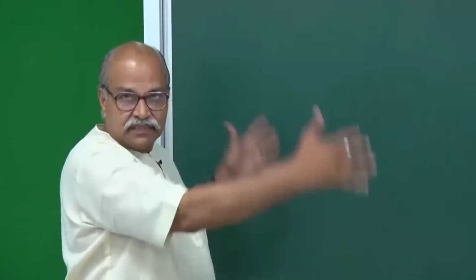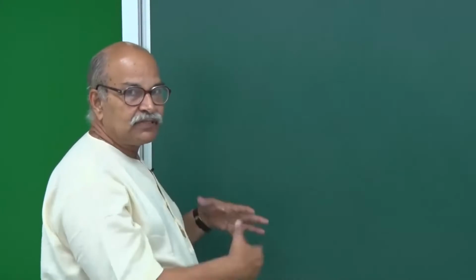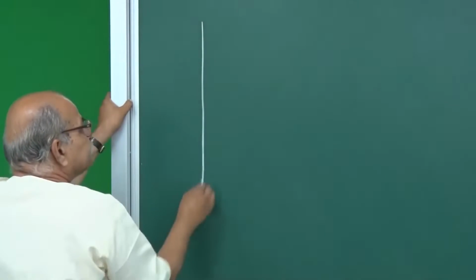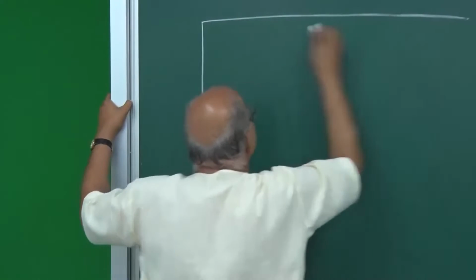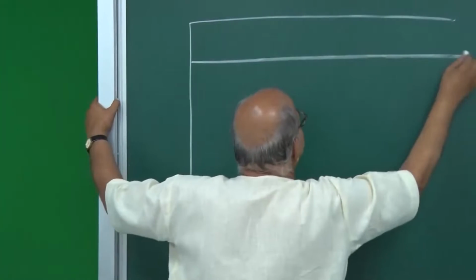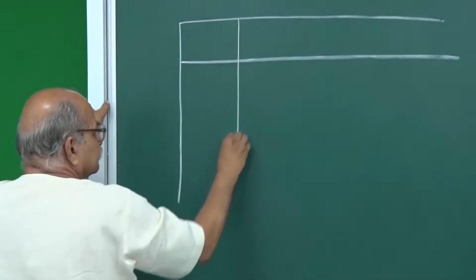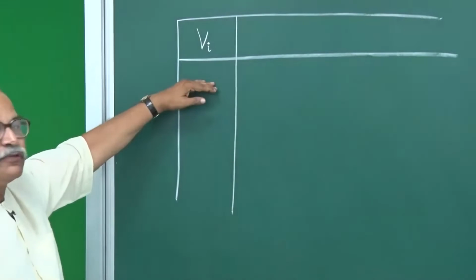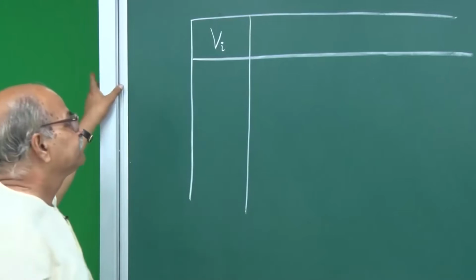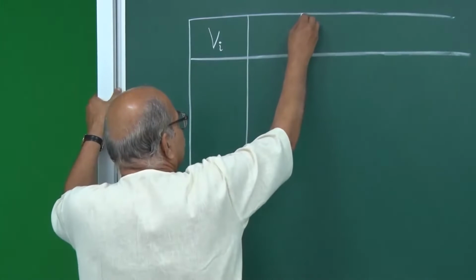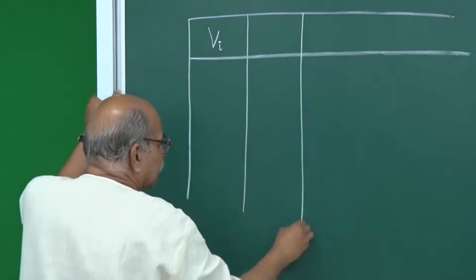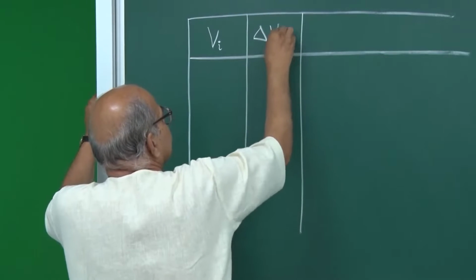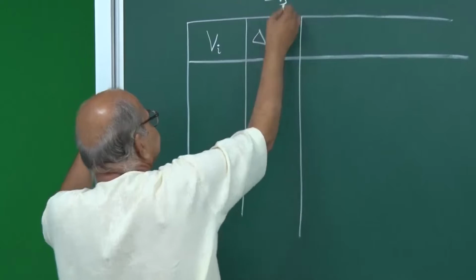So, let me make a table to write the data, and we will have a column for the input voltage, Vi. So, different input voltages we will write here, and then this column I am leaving here. This column is for delta of Vi, which is same as delta of Vs, right.